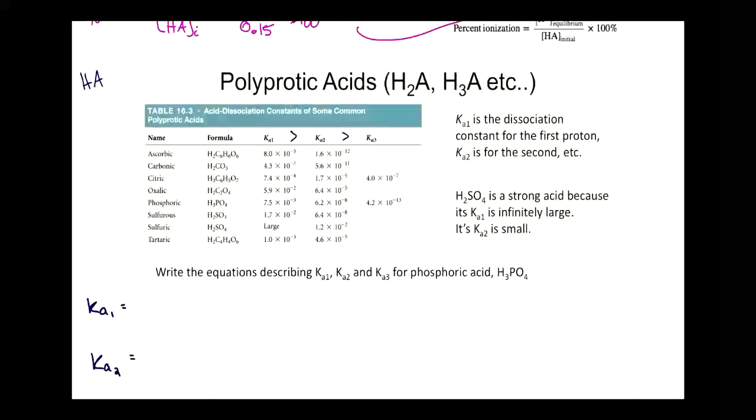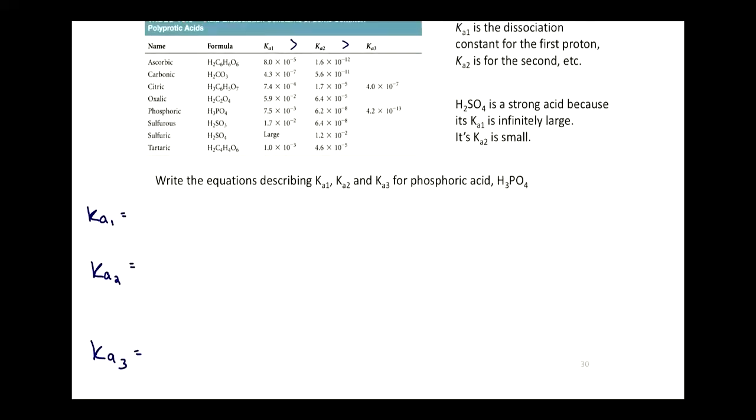And I'll point out here a small detail about sulfuric acid. We learned that sulfuric acid was a strong acid back in 1210. But a small detail that you might have missed in 1210 is that when we said sulfuric acid was a strong acid, we only meant the first proton.